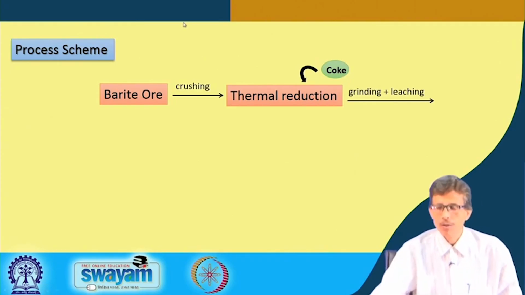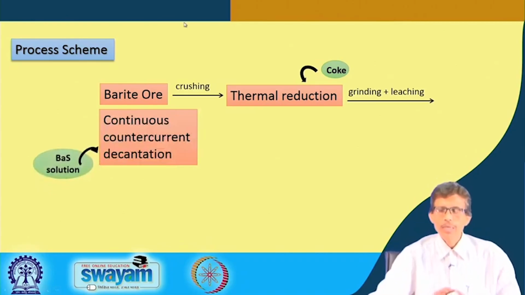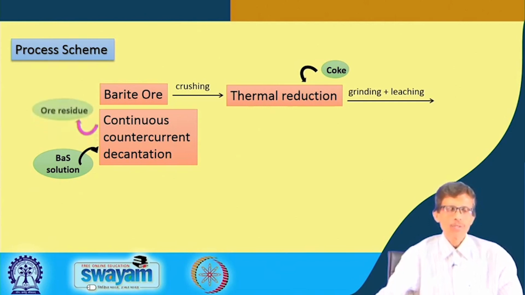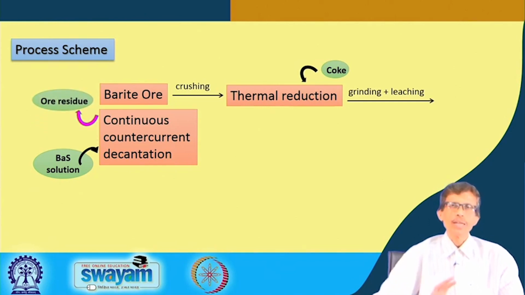grinding and pulverizing also. And while you go for both grinding and leaching, you get the barium sulphide solution, that means the reduction is completed, and there is a continuous counter current decantation. That means against the flow you decant something, and from the barium sulphide solution you remove the other part. The removal of one part is your ore residue, the unreacted ore basically.